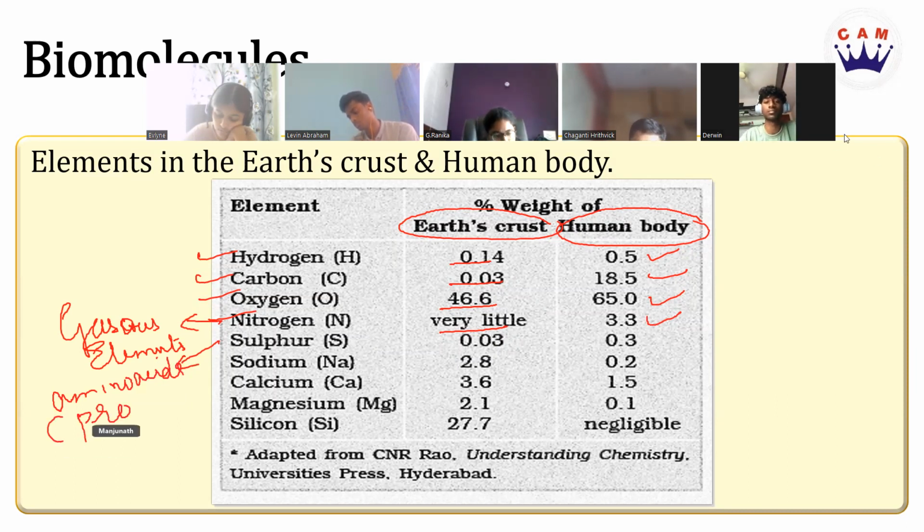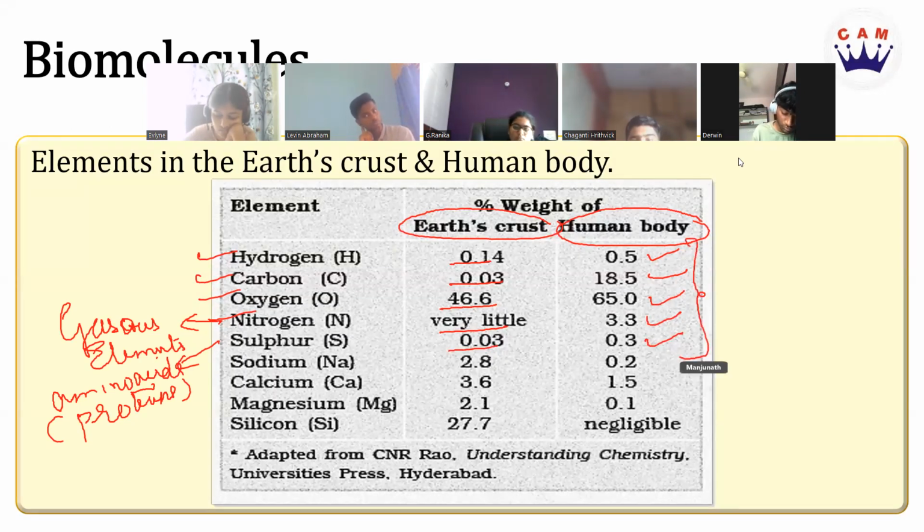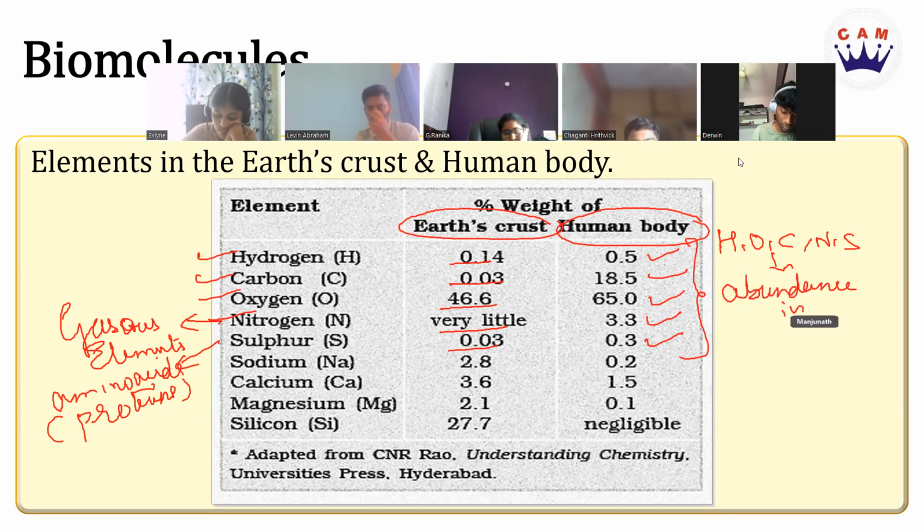Since sulfur is a component of proteins and some vitamins, it is found less in the earth crust but more in the human body. All these 5 elements, hydrogen, oxygen, carbon, nitrogen and sulfur, are found in abundance in the human body. Very, very important question for NEET.